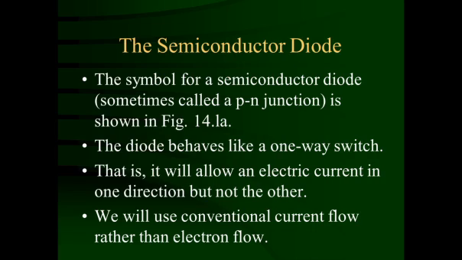So the switch is open in one direction and closed in the other direction. We will use conventional current flow rather than electron flow, which is in the opposite direction to the electron flow.